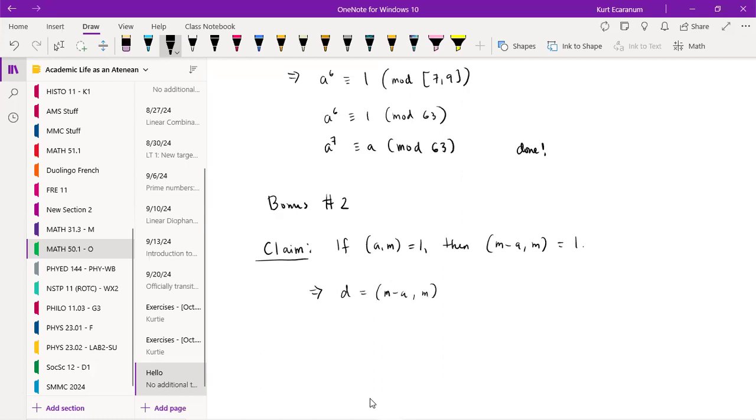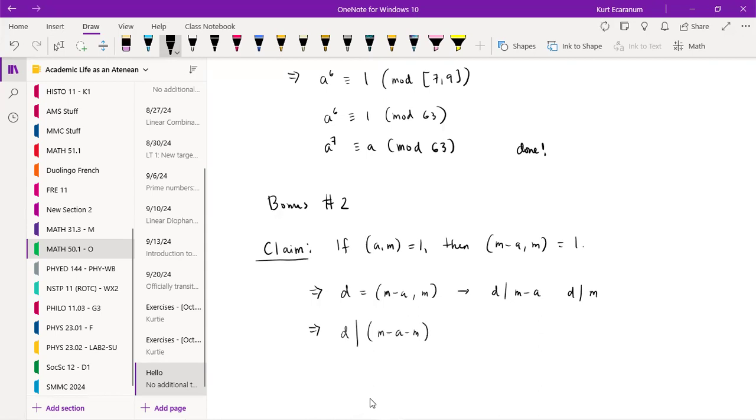It means d divides m minus a and d divides m. Since d divides m, we can say d divides m minus a minus m, so we can subtract m from m minus a.